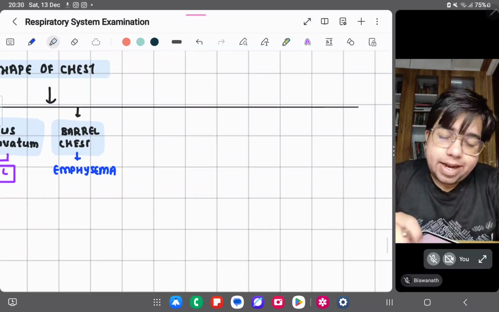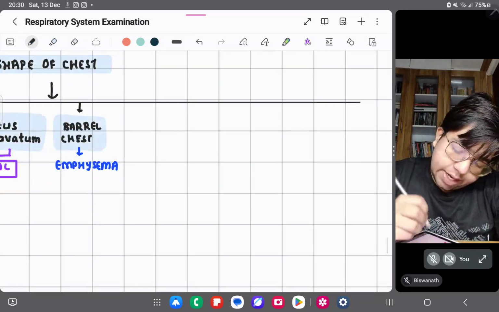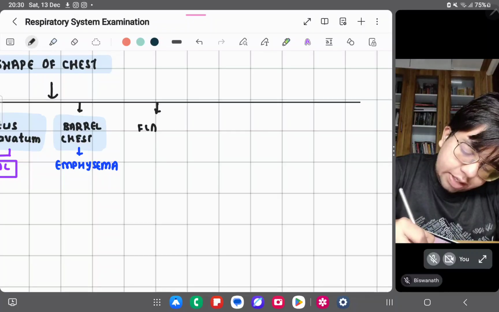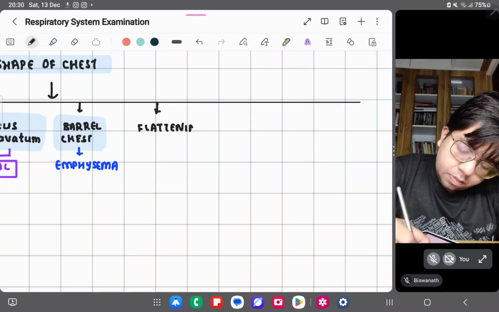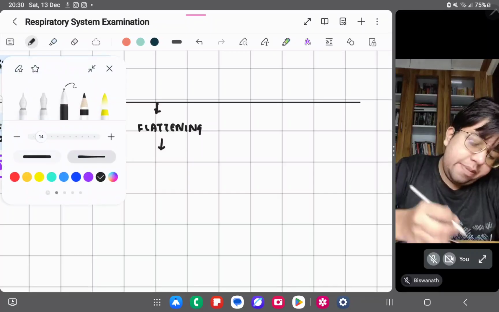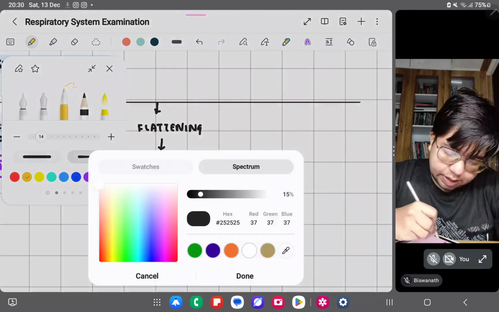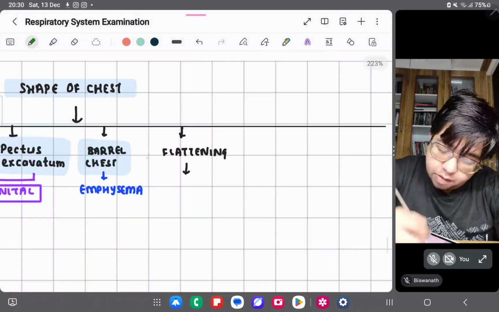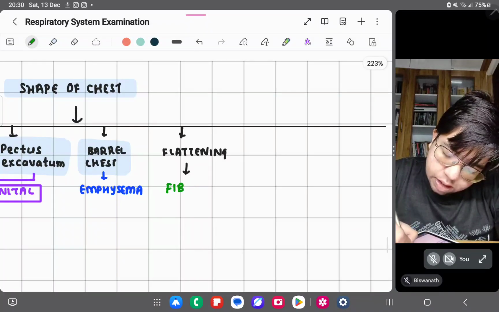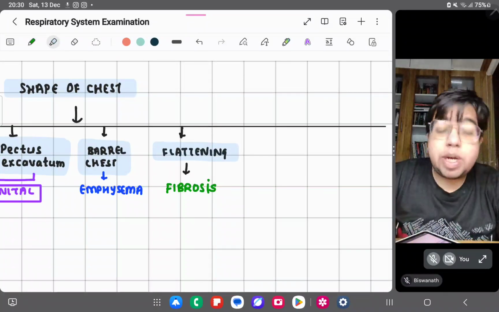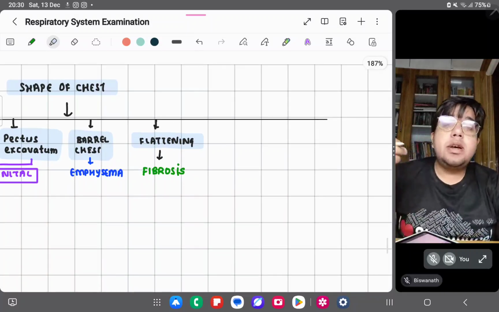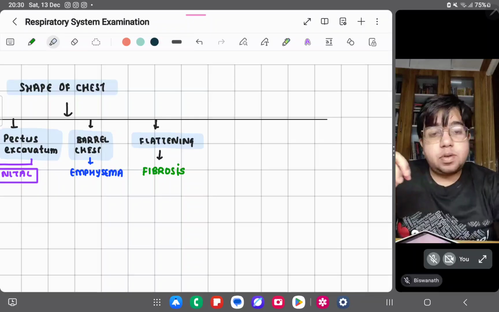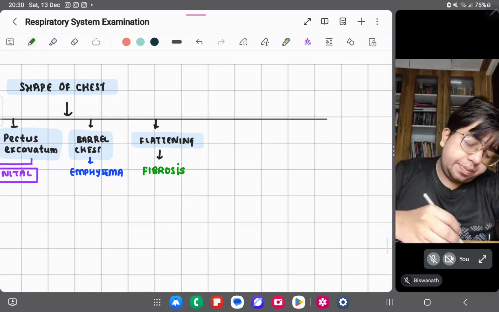If there is a flattening of the chest, then there might be some fibrotic disease. There must be some fibrosis. You can suspect a fibrosis case. Let's say the person has scars.